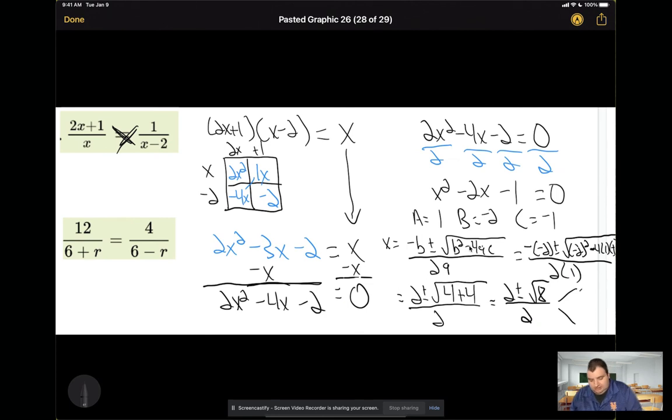And I end up with approximately 2.41. And then down below, I'm going to do the same thing, except I'm going to do 2 minus the square root of 8 divided by 2. And I end up with approximately negative 0.41. So my two solutions are right down here in the corner: 2.41 and negative 0.41. Okay, so that's the first example here.